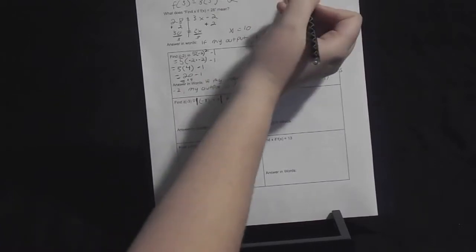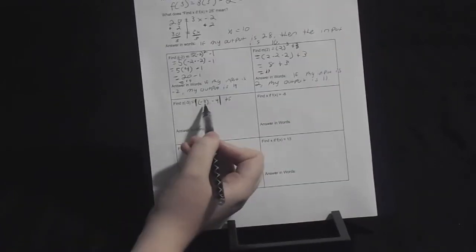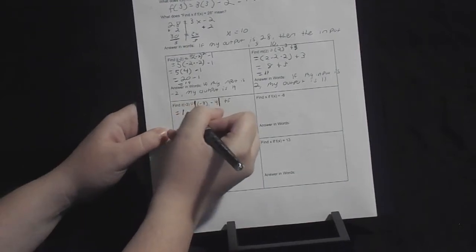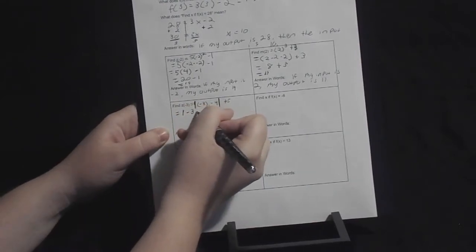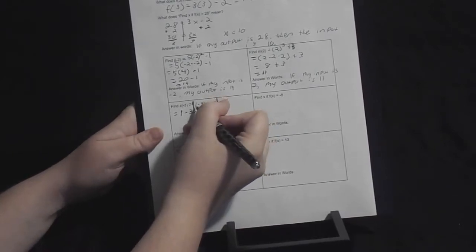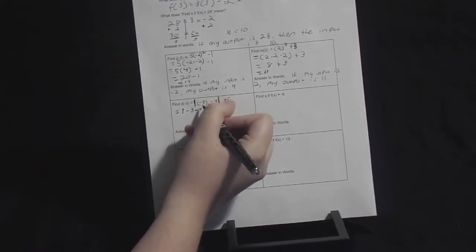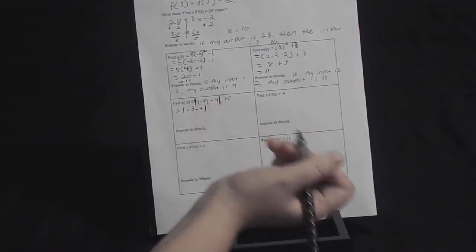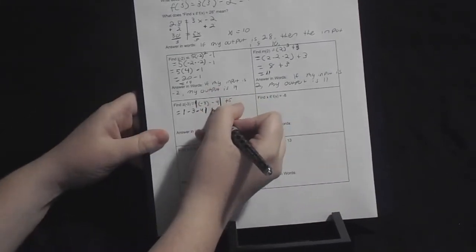If it was negative 4, it would be in its own parentheses too. What it is is just negative 3 minus 4, because it was x minus 4, and x is negative 3. So negative 3 minus 4. So I'm going to rewrite it without the parenthesis because it really just means negative 3 minus 4. The parenthesis matters mostly if there's a number in front of the x, because that means you multiply them together. But it's like an invisible 1. And so 1 times negative 3 is just negative 3. And then I add my 5.